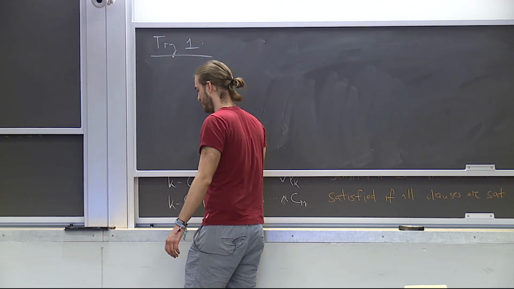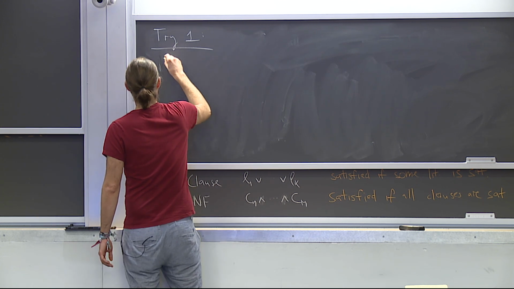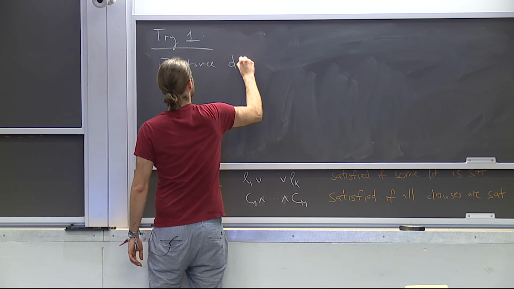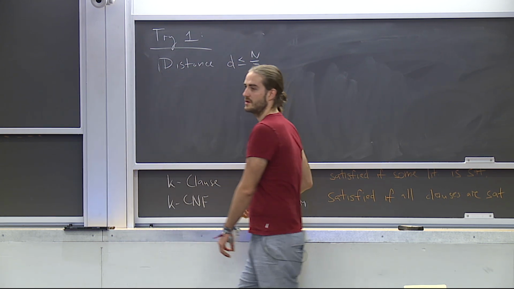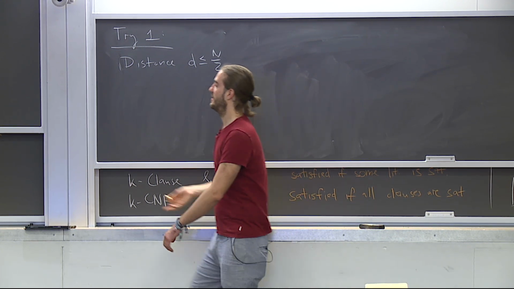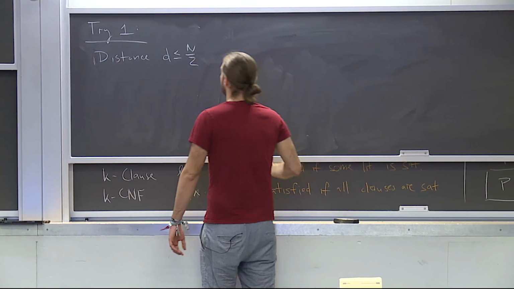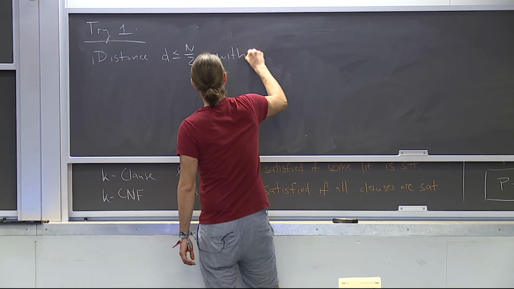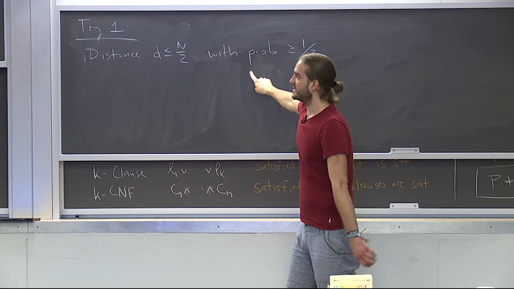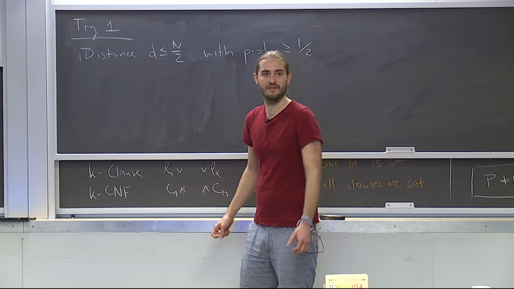So let's try first try. Observation: we have that the distance d is at most n half with probability half. If I pick this random assignment at the beginning of the loop, with probability 1/2, it has distance at most n half.